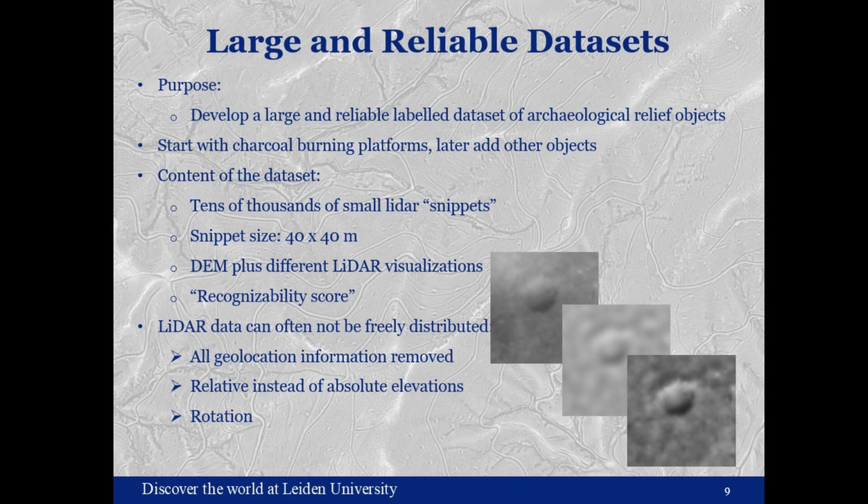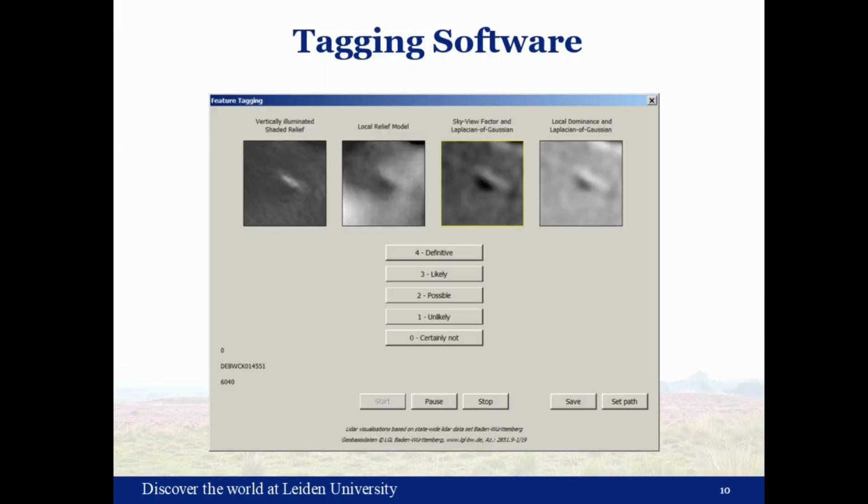So doing this makes this data set essentially unusable for any other purposes than using this as a training data set, learning data set, while at the same time retaining everything that we need for just this purpose. So as I said, we want to have a quantitative measure of quality or recognizability.